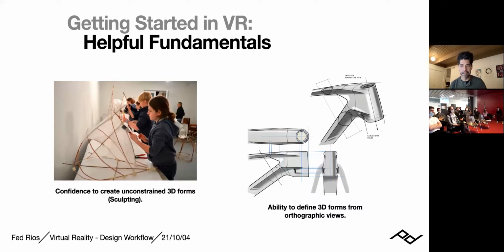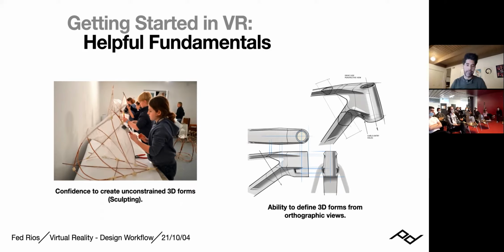Hopefully you guys have that with just creating and making things with your hands, making objects. Like these kids here, if you can understand how to have surfaces that are defined by wireframes or lines in space or 3D curves, that will usually help you. So hopefully you guys have some kind of understanding in that.